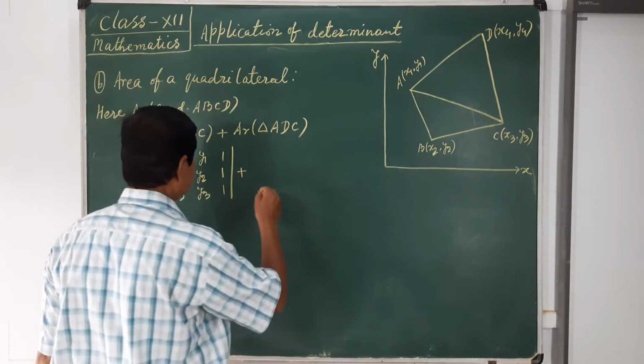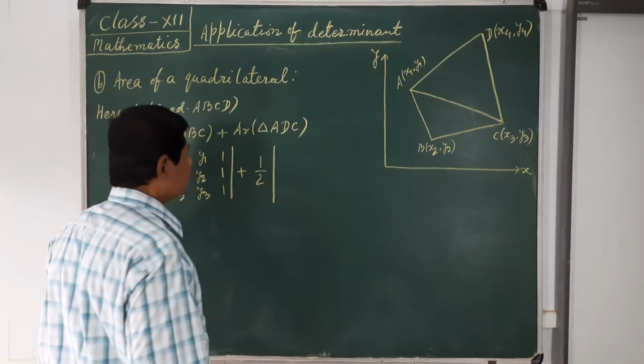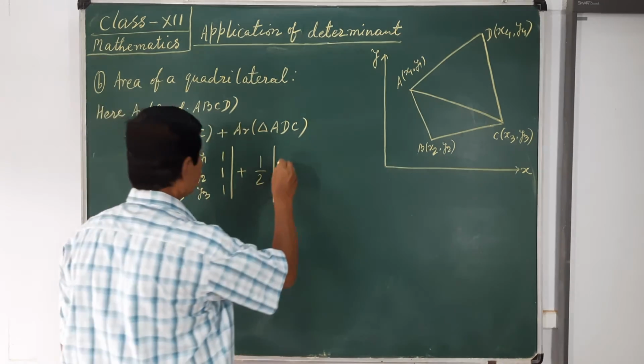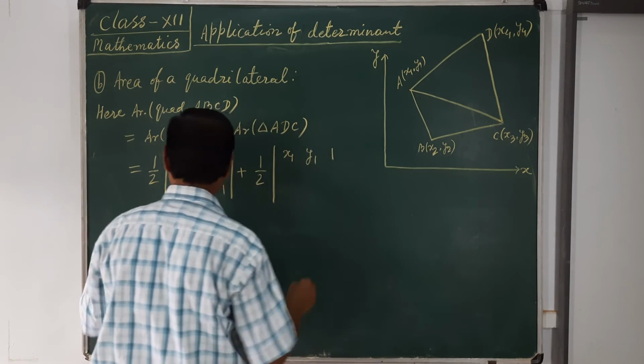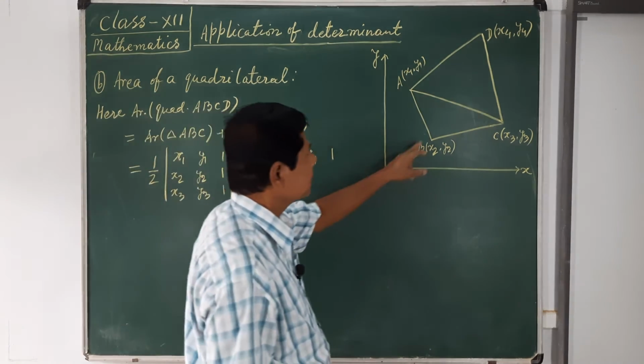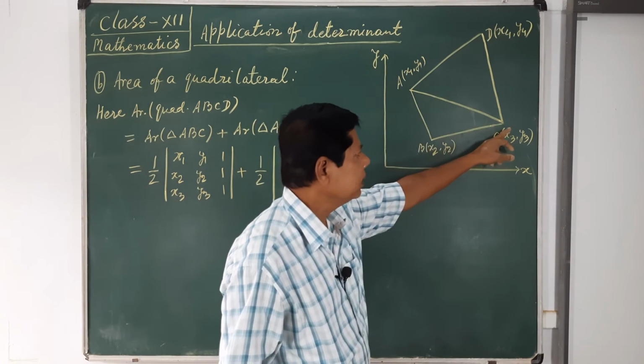So, plus half the area of triangle ADC will be x1, y1, 1, and x2, y2 will be replaced by x4, y4, because the positions of A and C remain the same.